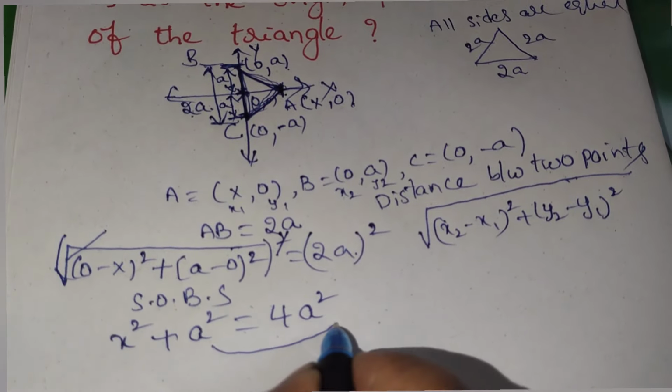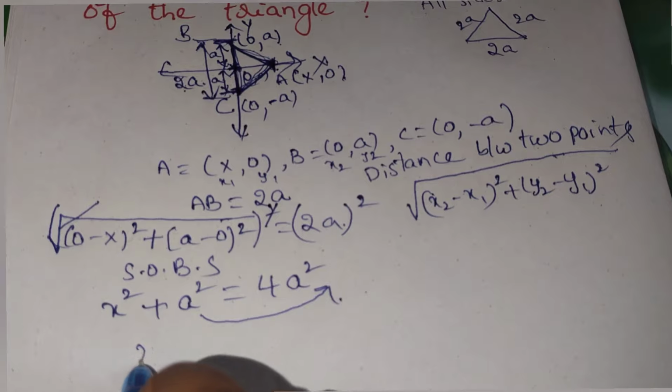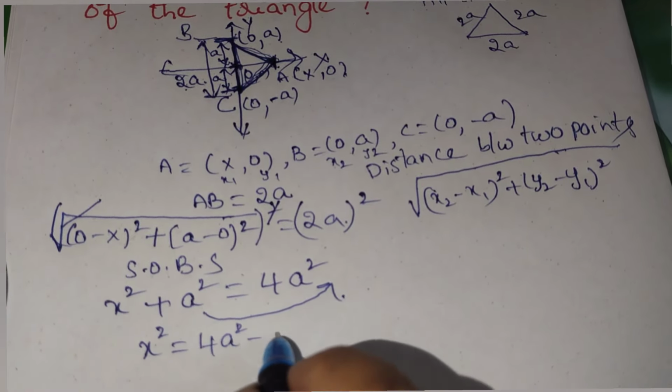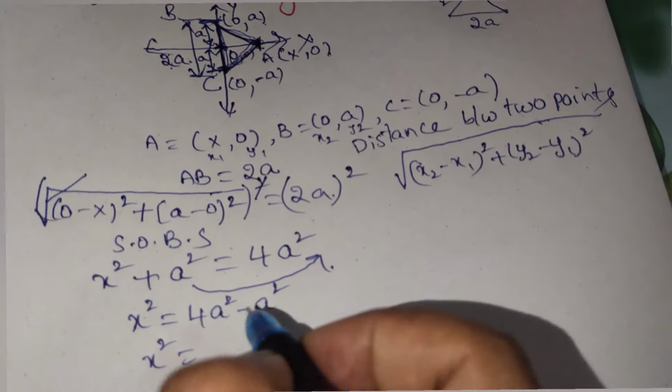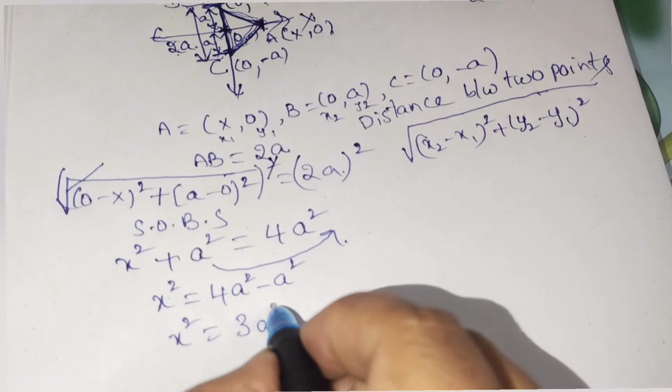Now send this plus a square to the right hand side. x square equals 4a square minus a square. So x square equals 3a square.